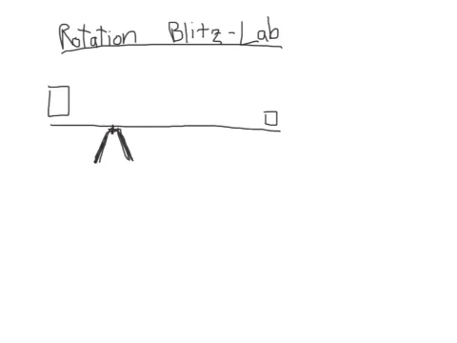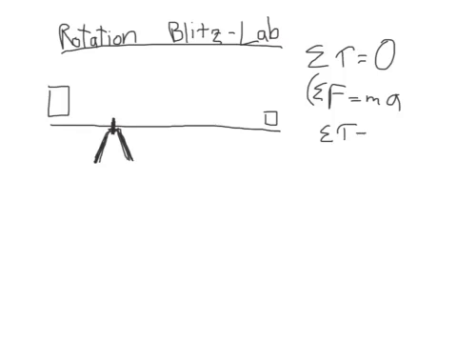Why is this? Well, it's not rotating because the sum of all the torques around the axis here are zero. And when we look at the rotational version of Newton's second law, force becomes torque, mass becomes moment of inertia, acceleration is rotational.